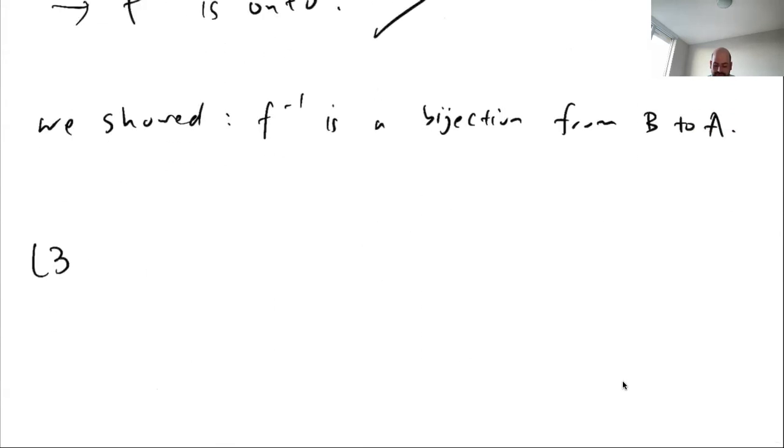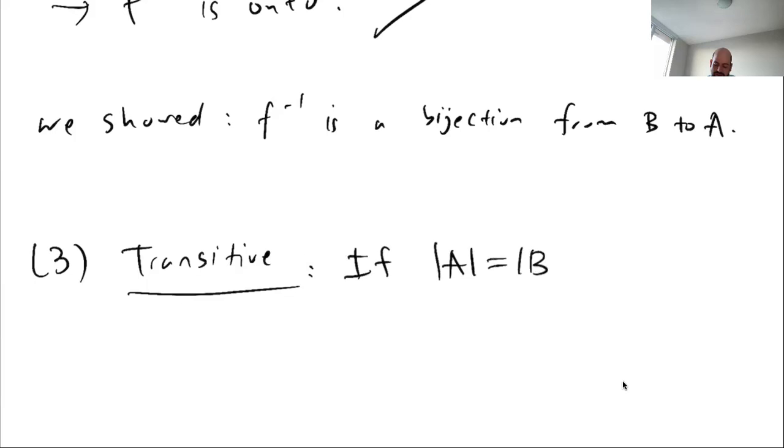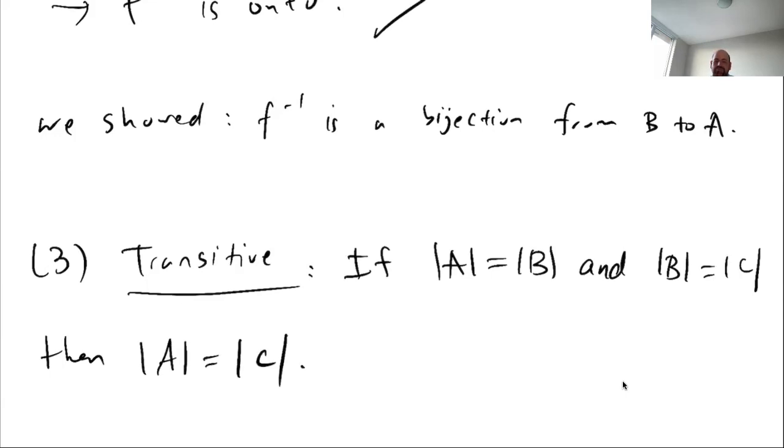Now another property, transitive. It's a property called the transitive property, which says that if cardinality A equals cardinality B and cardinality B equals cardinality C, then cardinality A equals cardinality C. In a relation, we can say that if A is in relation with B and B is in relation with C, then A is in relation with C. Then that relation is called a transitive relation.